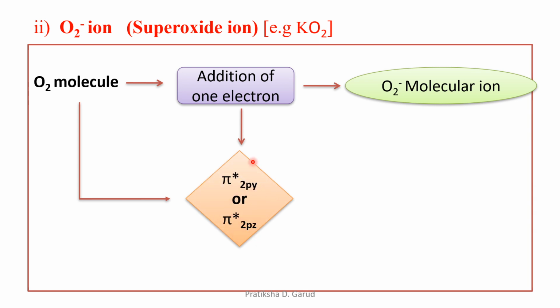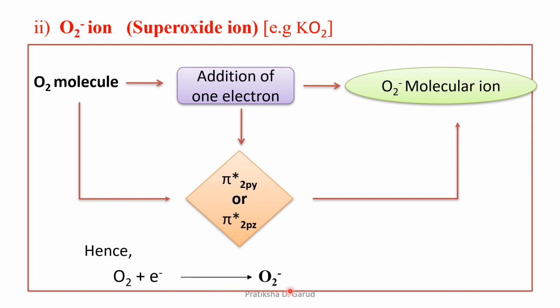So when one electron is added to the pi asterisk 2py or the pi asterisk 2pz of the oxygen molecule, we get the formation of the O2 minus molecular ion, right? Let's summarize that: O2 plus one electron gives the O2 minus ion.